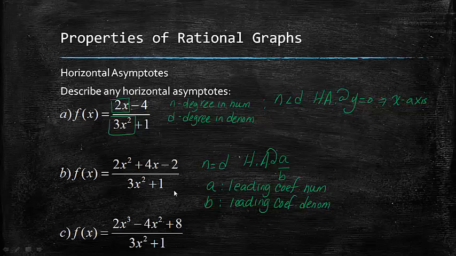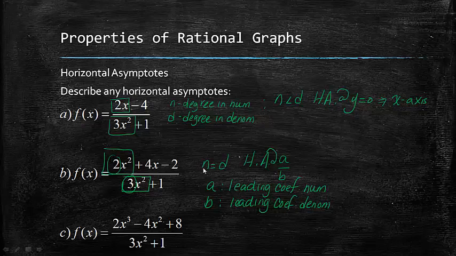So let's look at our leading coefficients. The leading coefficient in the numerator is 2. Remember, I'm only going to work with the leading terms. Since they have the same degree, I need to look at the leading coefficient. The leading coefficient in the numerator is 2, the leading coefficient in the denominator is 3.